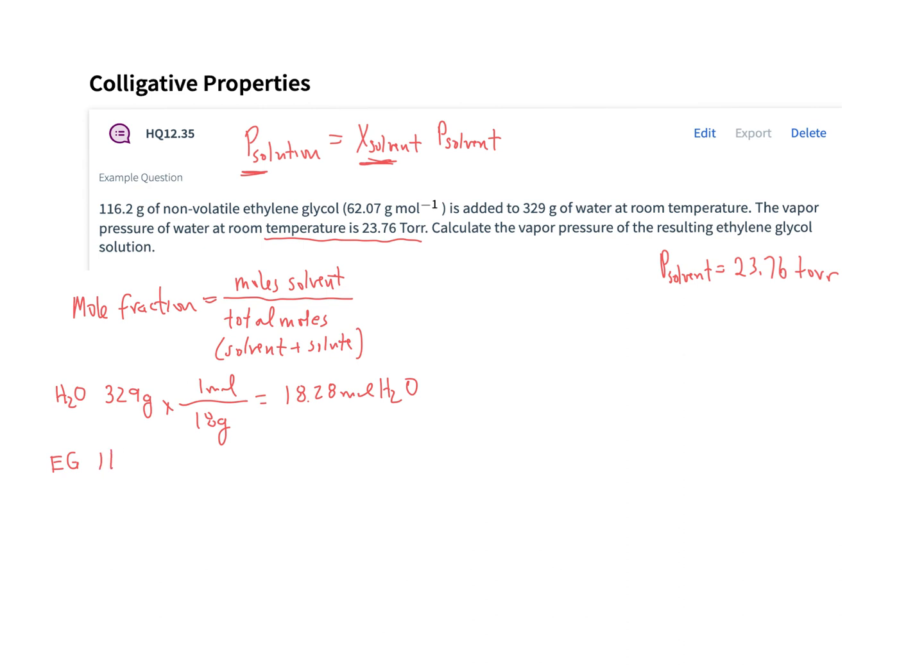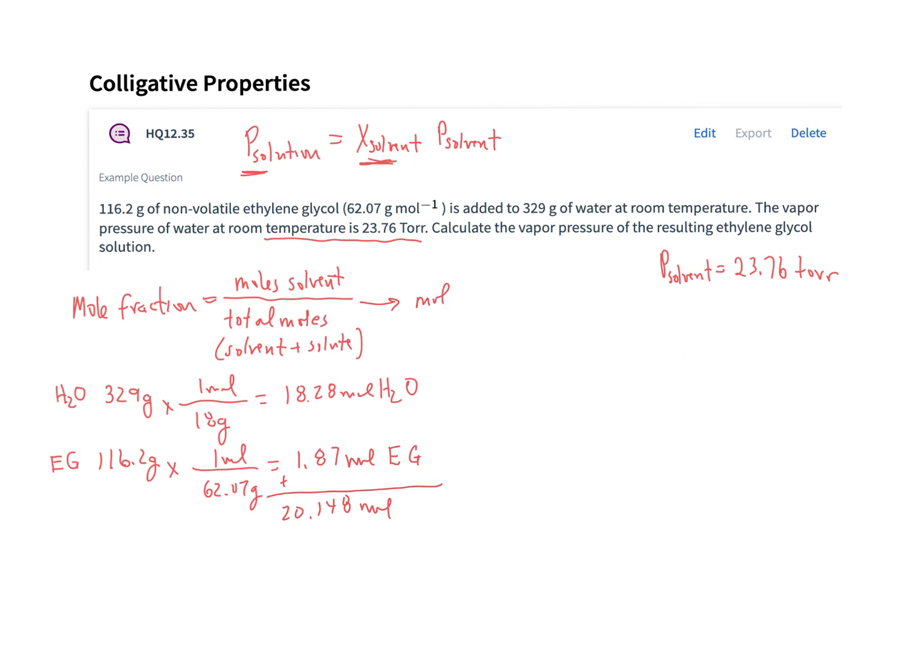I have 116.2 grams of ethylene glycol, and that is 62.07 grams for 1 mole. So I have approximately 1.87 moles of ethylene glycol. Now I can find my total moles, so if I add those two together, I have approximately 20.148 total moles.